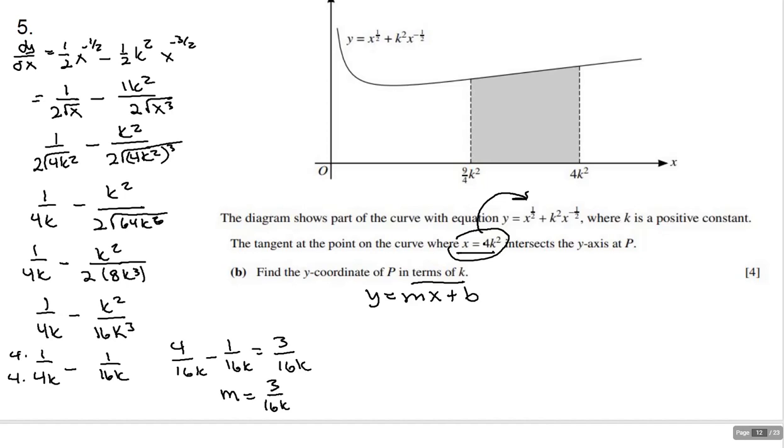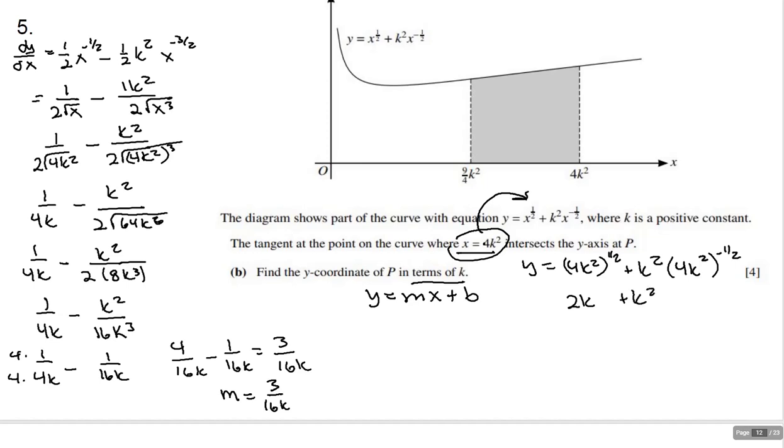So when I do that, it looks like this. y equals 4k squared all to the 1/2 power plus k squared times 4k squared to the negative 1/2 power. And when I take 4 to the 1/2 power, that's going to be 2. And when I take k squared to the 1/2 power, that's going to be k. And then this k squared is going to stay the same for right now.